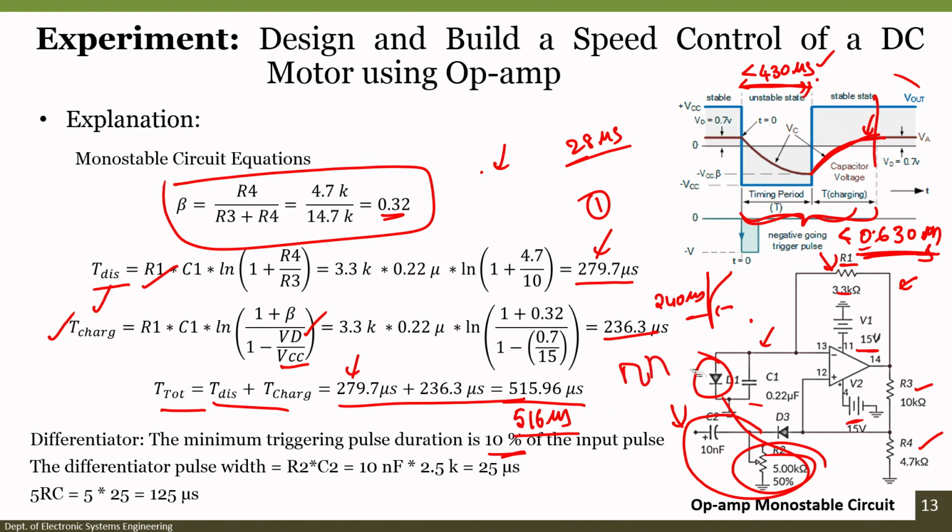I hope now it is clear why we are using the negative pulse at this point. Instead of 0 to 5 volts, we are giving 0 to minus 5 volts. The reason is that we require only the negative spike, we do not need any positive spike.